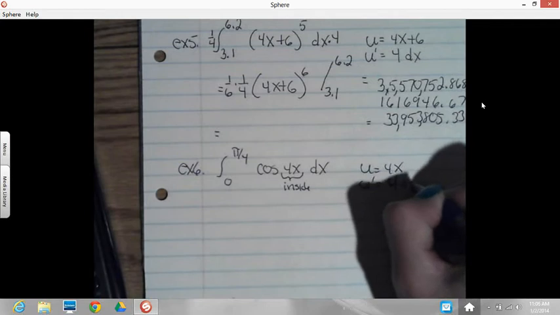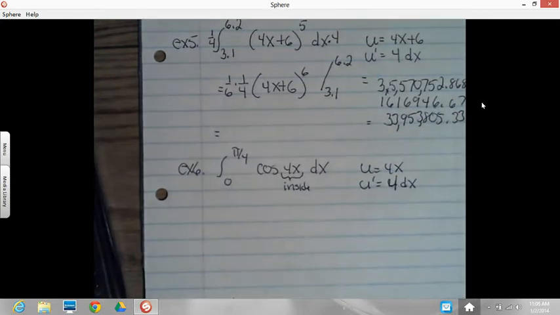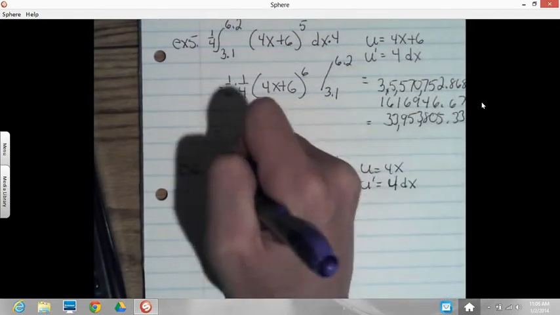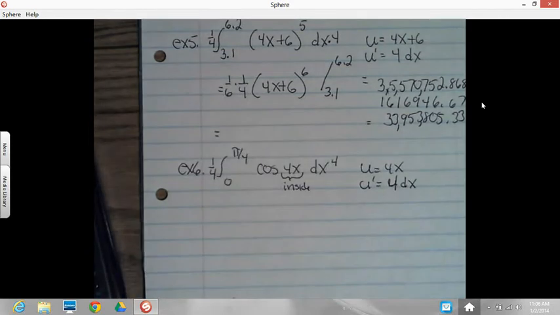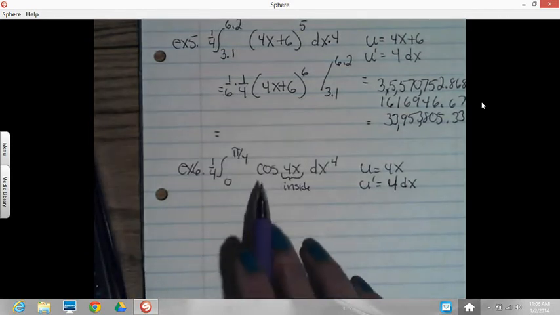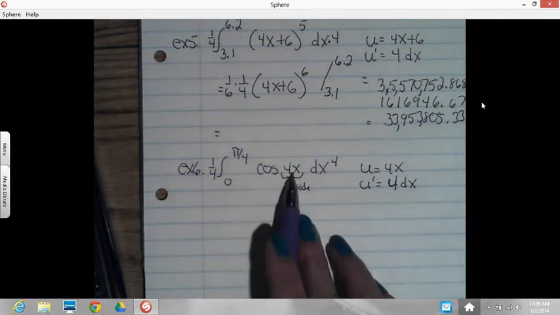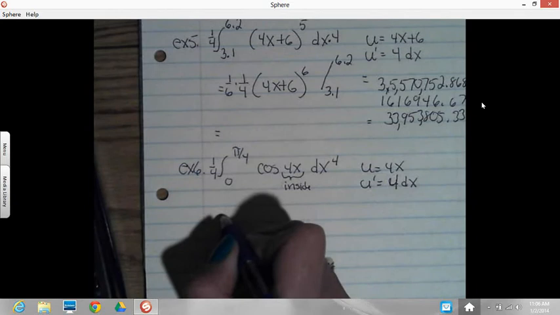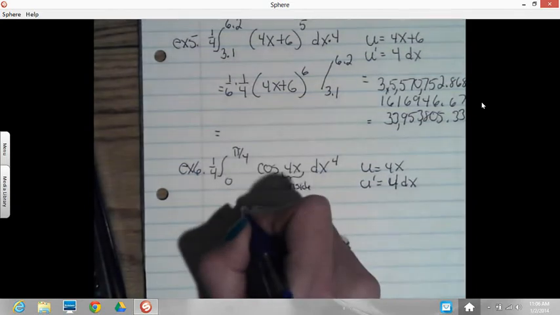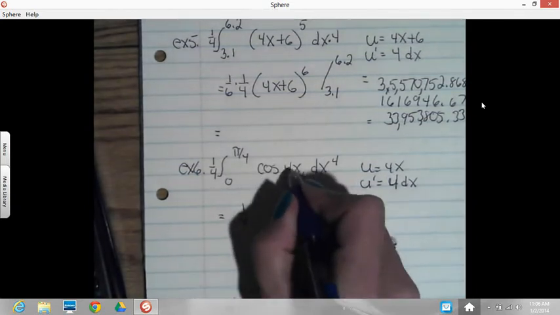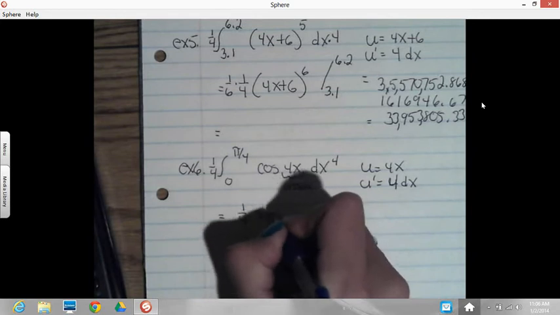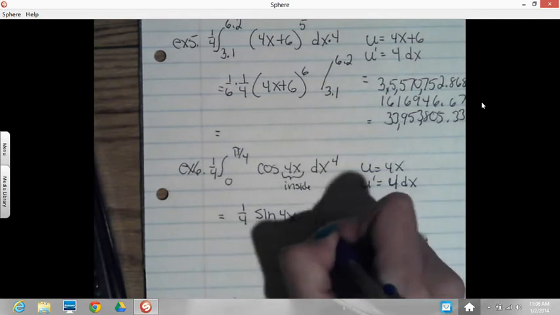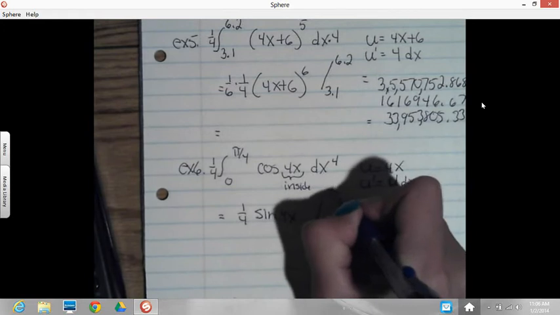So I need a 4 attached to the dx, which means I need a 1/4 before I can integrate this. And now it's just a trig function. Which trig function has cosine as its derivative? And hopefully you remember that that's sine. So the integral is going to be 1/4 sine 4x evaluated from 0 to pi over 4.